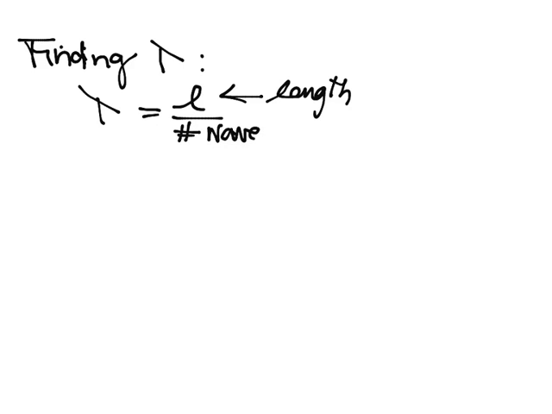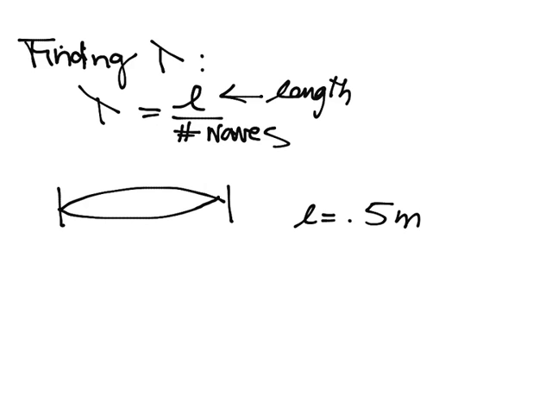Okay, so I'm going to give you a couple examples. Let's say that I have a string and I know that my length is 0.5 meters, not 0.05 meters, but 0.5 meters. And I want you to try to find me the wavelength in the following set of circumstances.